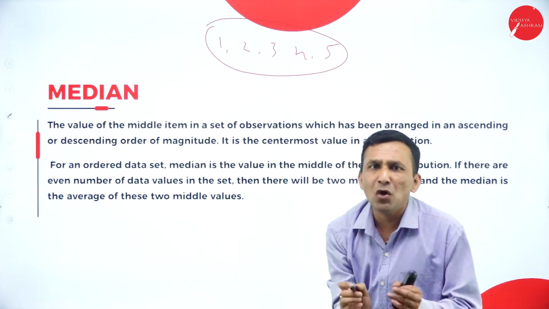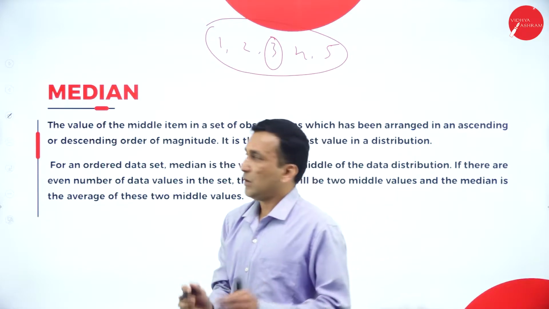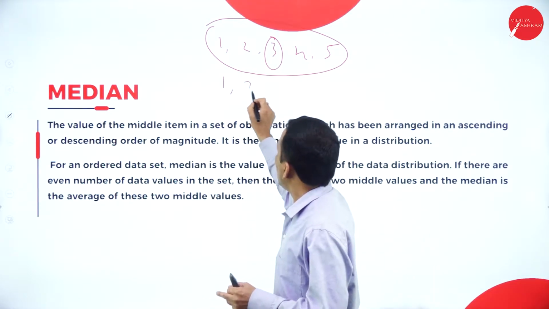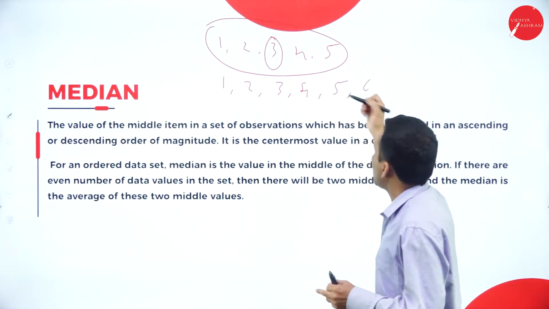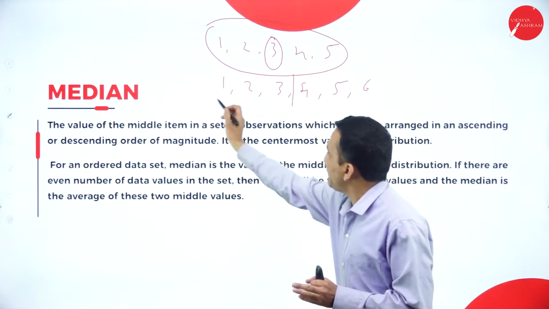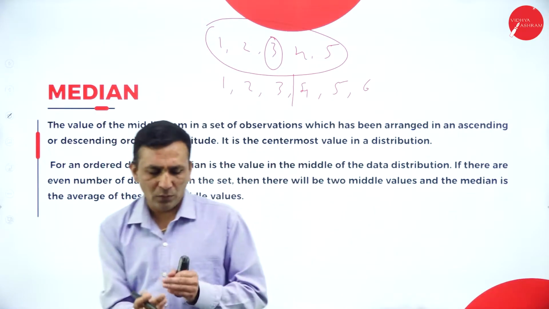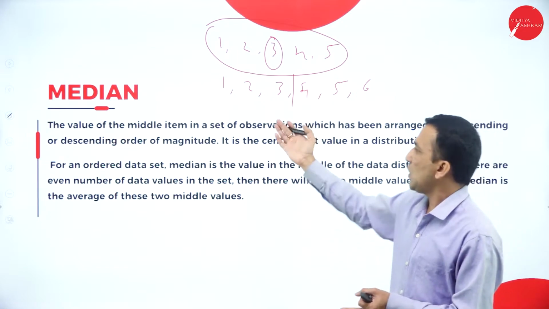The middlemost number coming here is called the median. In case of even numbers, they give 1, 2, 3, 4, 5, 6. In this case, we divide the complete data into two parts, left side and right side, into equal parts, and that is called the median.